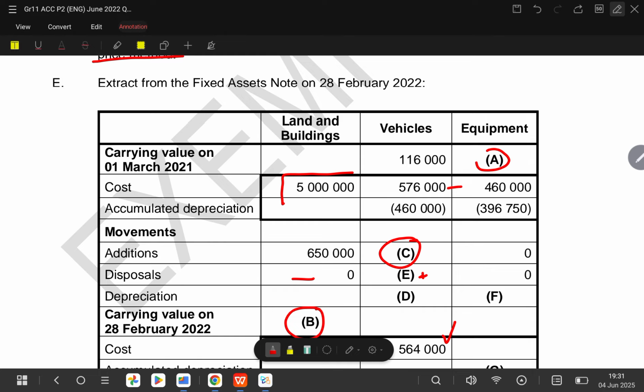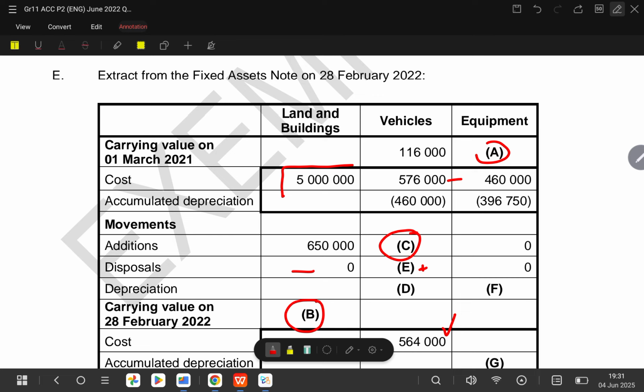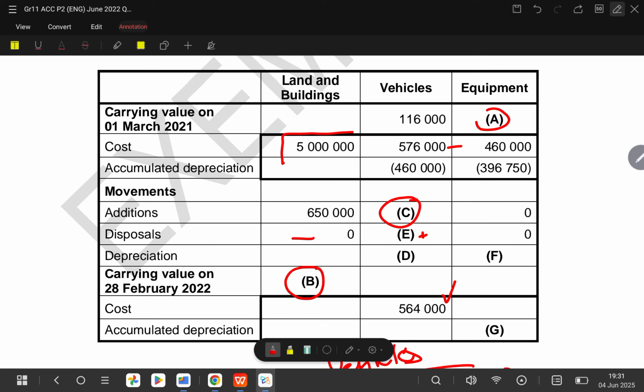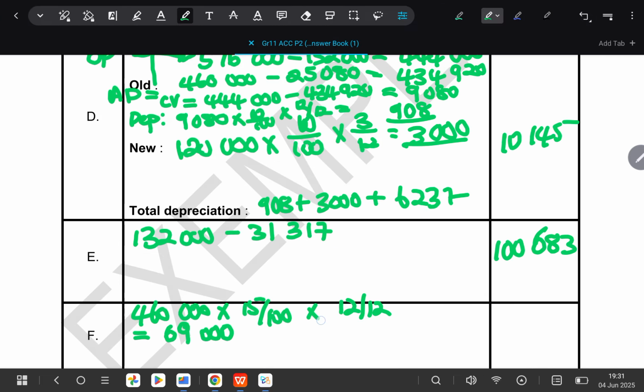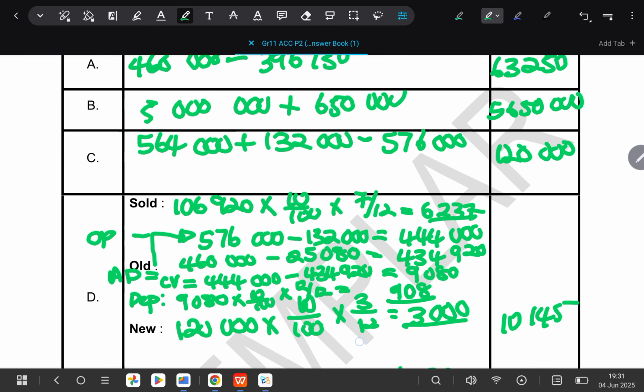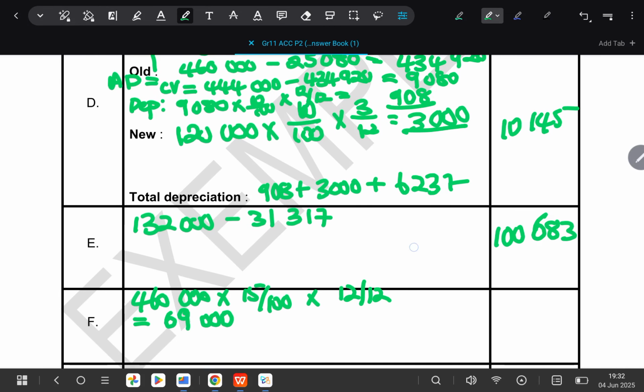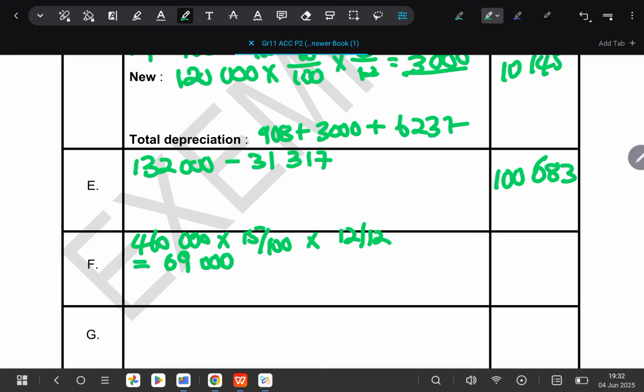So it means you need to take your carrying value and subtract 1 rand. If you remember, we calculated our carrying value, and that was the first calculation that we did. So you just take that 63,250 and minus 1 rand. So this one will not work.